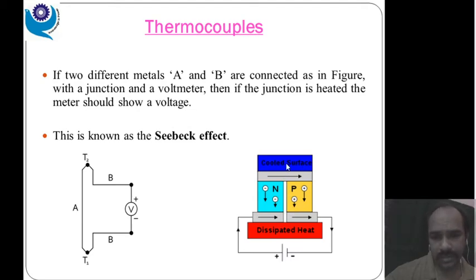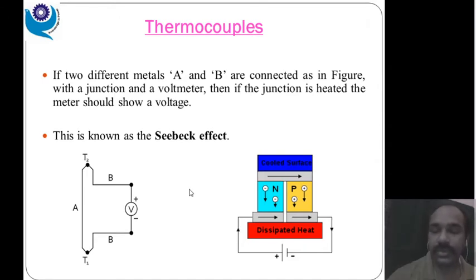This junction is kept cold, and similarly this junction is kept hot, and there is a temperature difference between cold junction and hot junction, and due to this temperature difference an EMF is induced. This phenomenon is called the Seebeck effect, because Thomas Seebeck, a renowned scientist, discovered it. What he says is, when two dissimilar metals are kept at different temperatures, an EMF is induced.